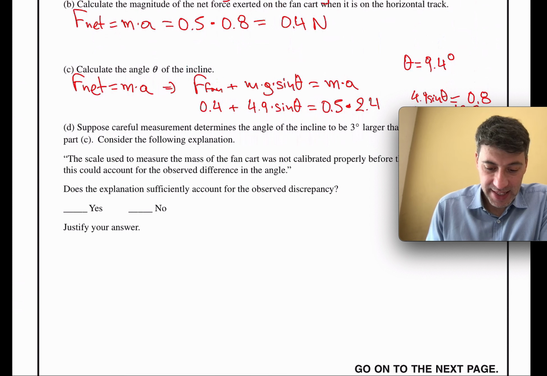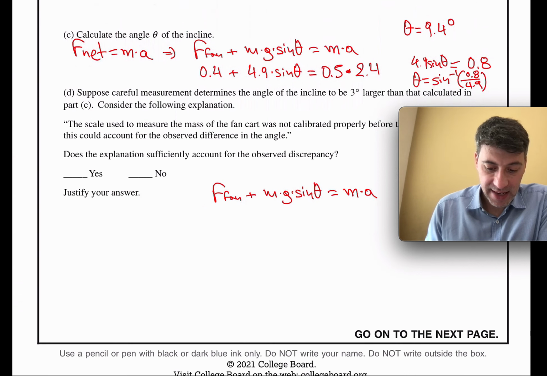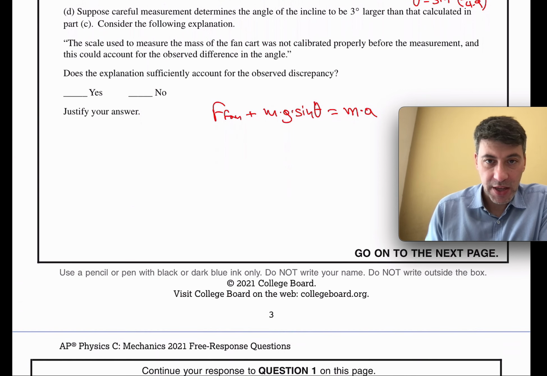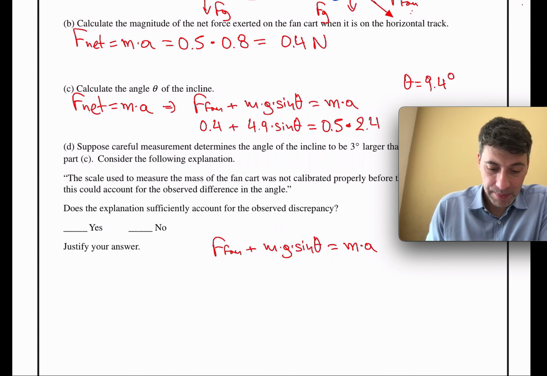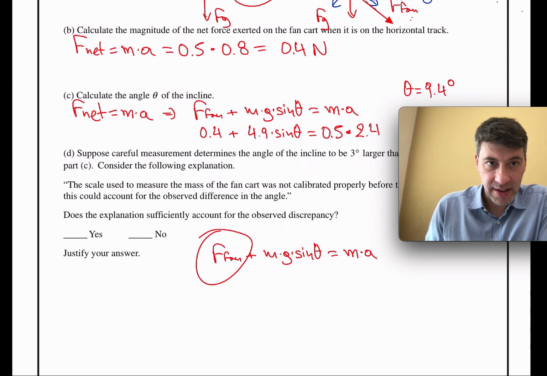So it was this equation, F of the fan plus mg sine theta is equal to m times a. I tend to agree with this, but no, actually I was wrong. Now, if you remember the force by the fan, we said that it is m times a.